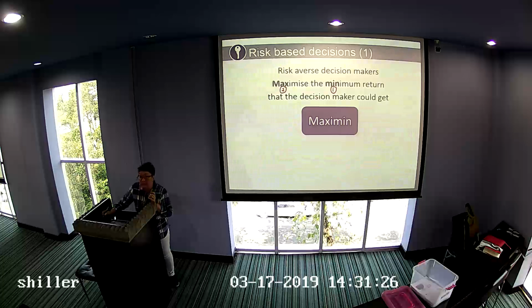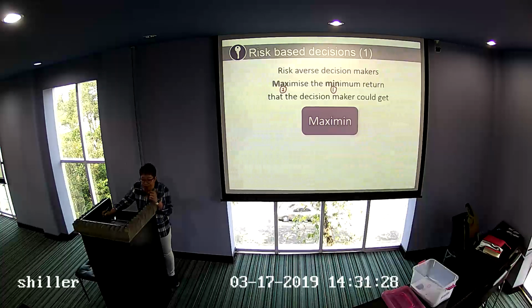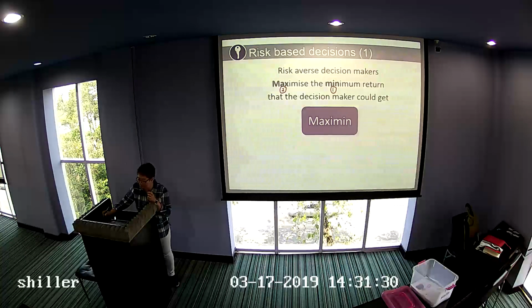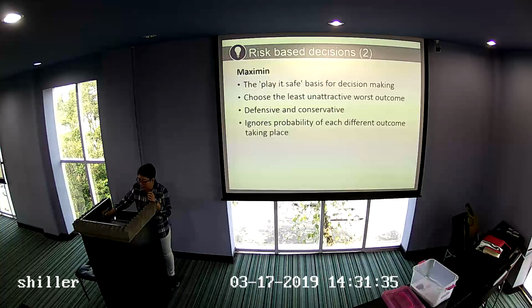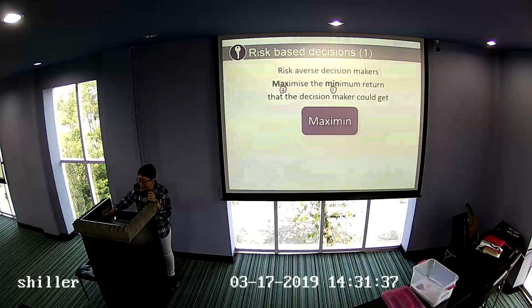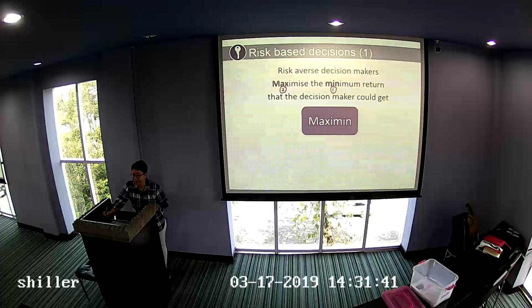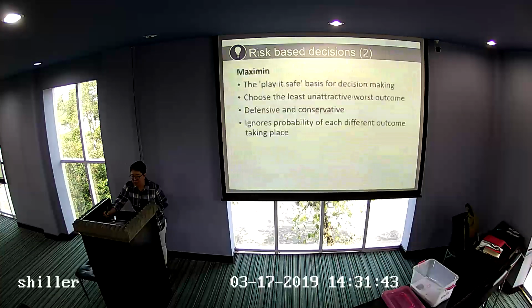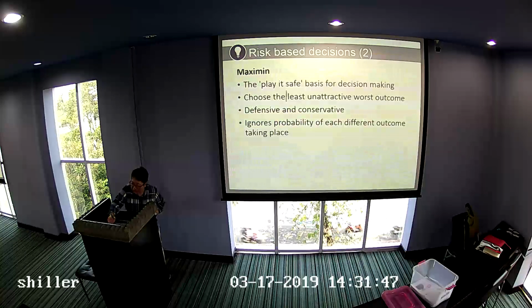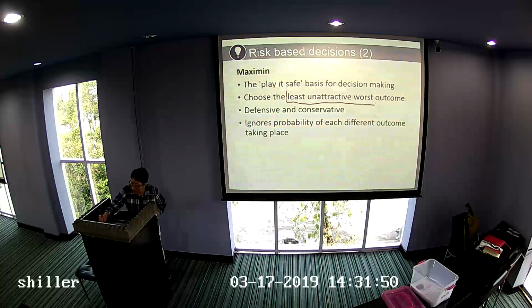Now, remember, this is in the payoff table. I'll show you in a moment. Now, the maximin is a person who likes to play it safe all the time. So, he chooses the least unattractive, worst outcome.